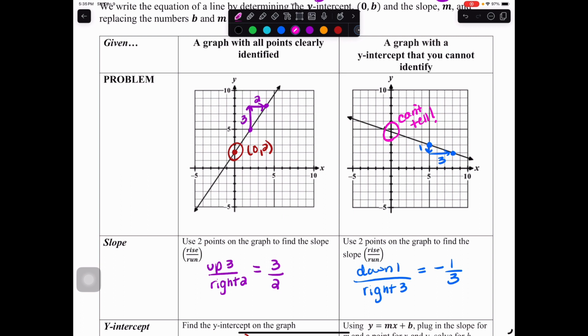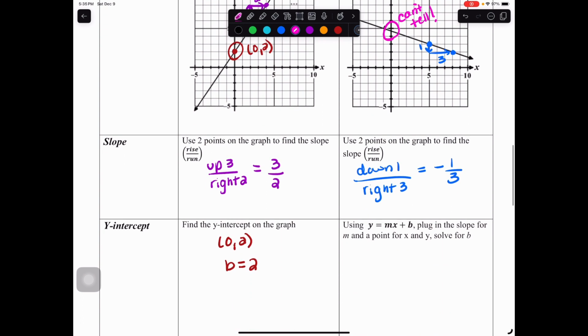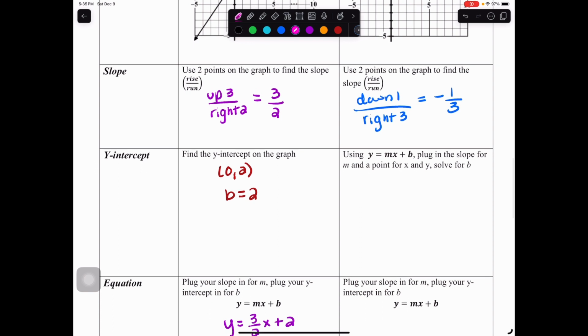So we have to use an algebraic strategy then to find the y-intercept when we can't clearly identify it. So the strategy for this is you are going to use y equals mx plus b, and you're going to plug in the slope that you should have already found and pick 1 point from the line to use as your x and y.